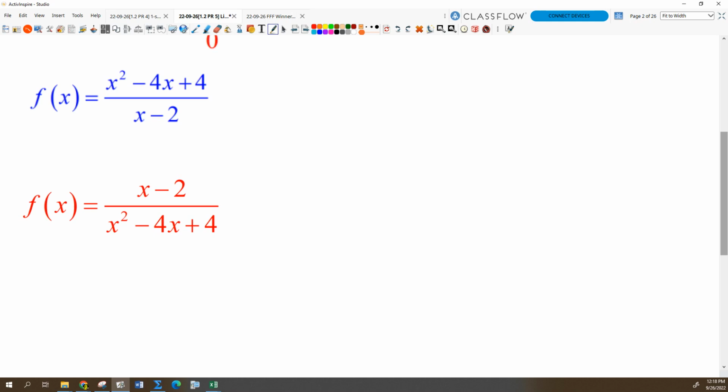How about the blue function here? If we take a limit of this function as x approaches 2, we get 0 over 0, right?